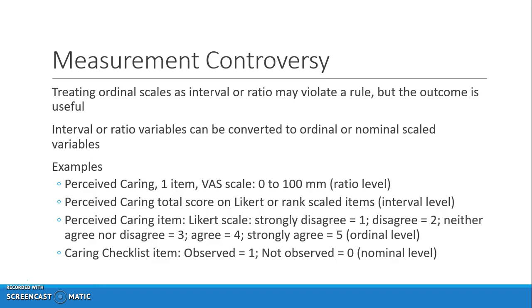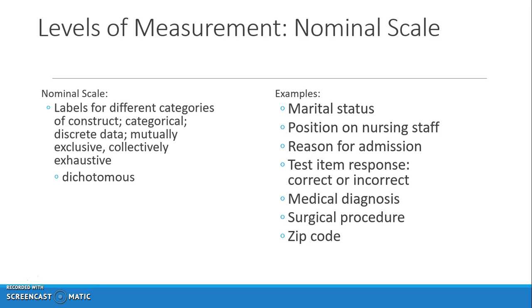Basically, that means you're tallying up the ordinal scale items to get a total score, and that's interval level. One item on a perceived caring instrument has a Likert scale, agree, disagree, that's ordinal level. And then the caring checklist item can be observed or non-observed, observed 1, non-observed 0, and that's nominal level.